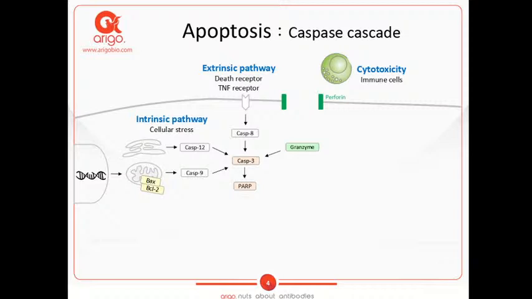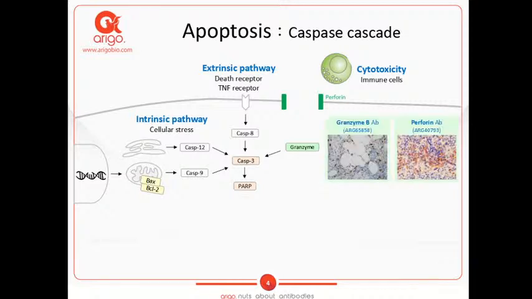Cytotoxicity is important for anti-cancer immunity because higher cytotoxicity means the immune cells have higher ability to kill the cancer cells. How to examine the cytotoxicity? The hallmark of cytotoxicity is the elevation of granzyme B and perforin expression.